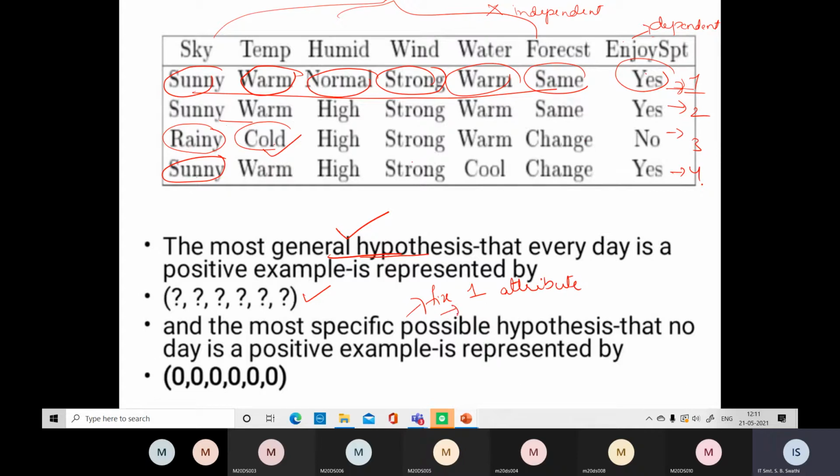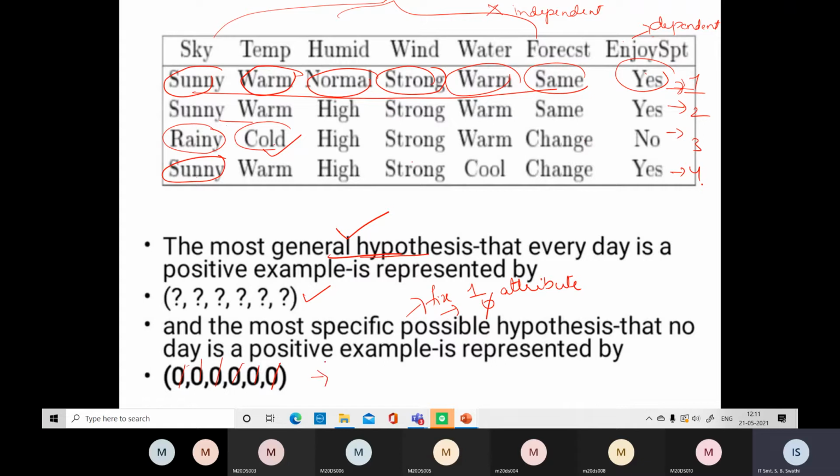The second one is you can also make the attribute null. This is much more specific. Here the zeros are not zeros, these are nulls. Null means you are not accepting any input at all, not even a fixed input.